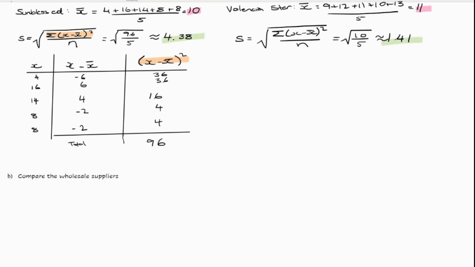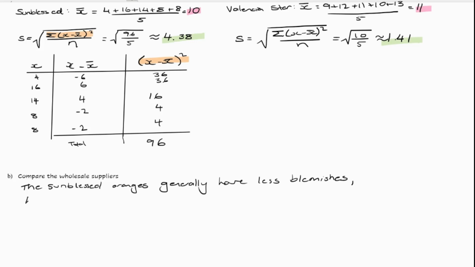So we can say that the Sunblessed oranges generally have fewer blemishes, and we can see that from the mean of both of them. Very slightly, but on average, or in general, the Sunblessed oranges do have fewer blemishes.